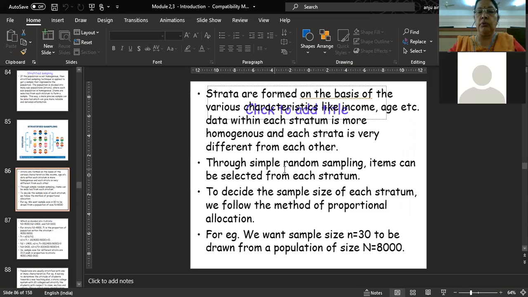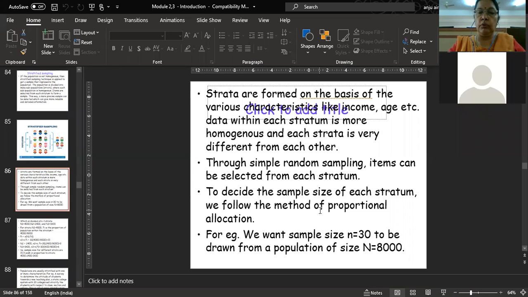And then you follow the simple random sampling technique, and from each stratum, you randomly select one sample to be included into your sample. So what should be the sample size you should take from the population? What proportion your sample size should be in proportion to the population?